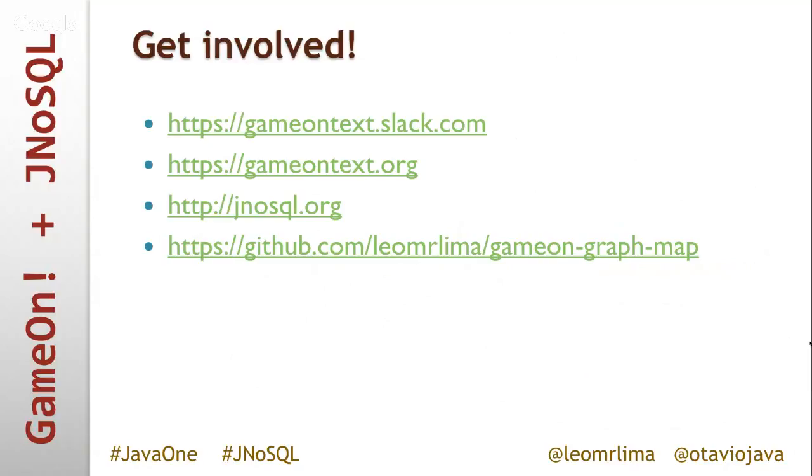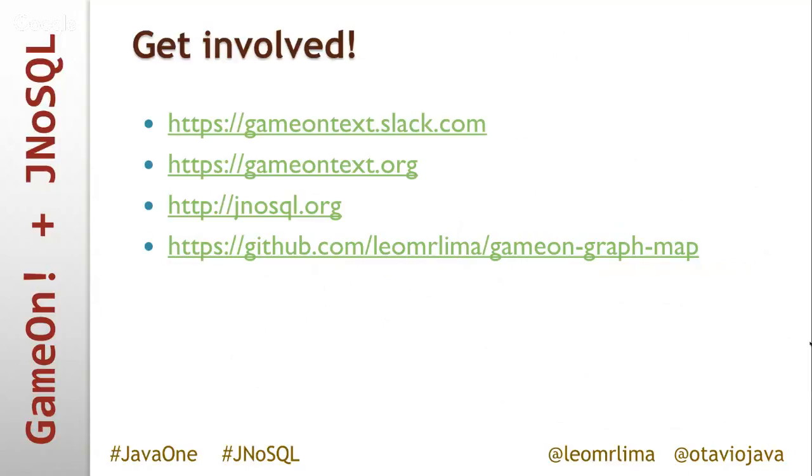This talk is an introductory talk. We do have some source code to show you guys. Otavio is going to show next how we used it. But also, please do get involved. There is gameontext.select.com, that's where the conversations happen. The team that develops Game On is eager to help and eager to accept ideas for new features.